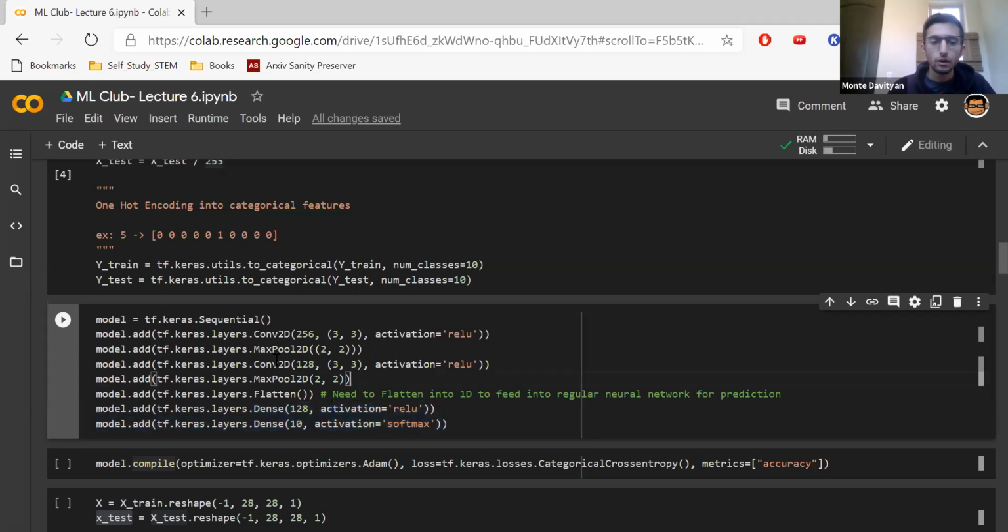But because we have all these convolutional layers, they're learning something. They're learning spatial data. They're learning something about the two-dimensional input. They're able to learn really well what images are, similar to how we learn, right? We don't look at an image as one-dimensional. We look at it as two-dimensional.